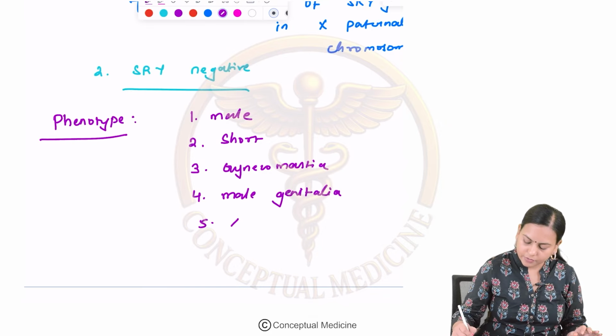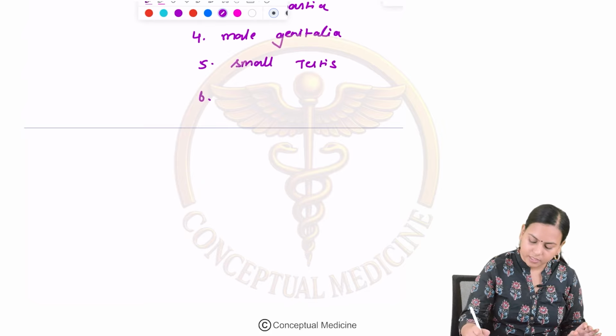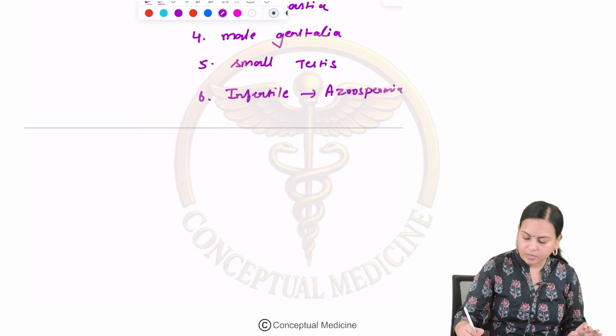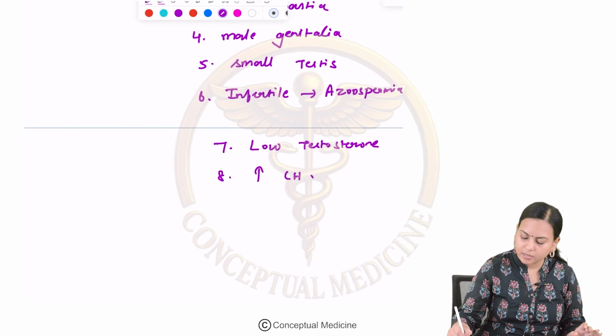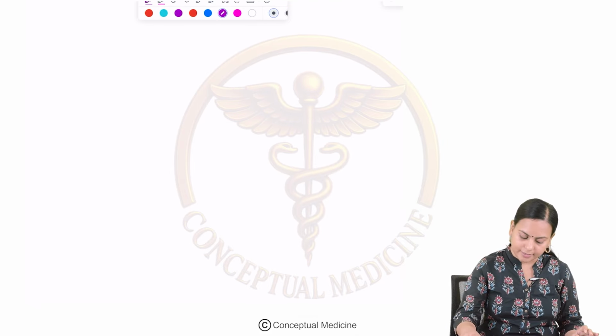They usually have small testes, and because of them, definitely they will be infertile with azoospermia. They will have low testosterone levels. There is increased luteinizing hormone and follicle stimulating hormone. Clear?